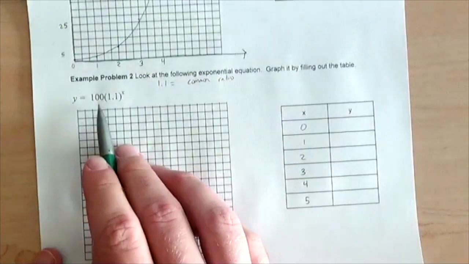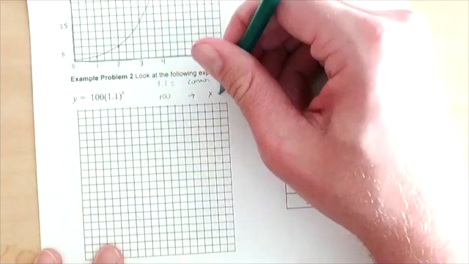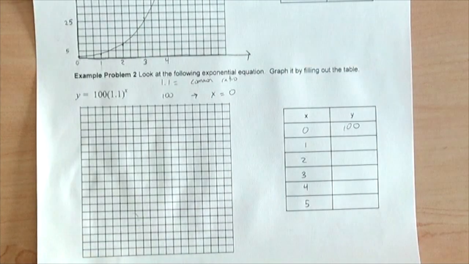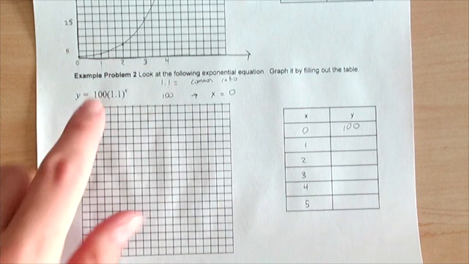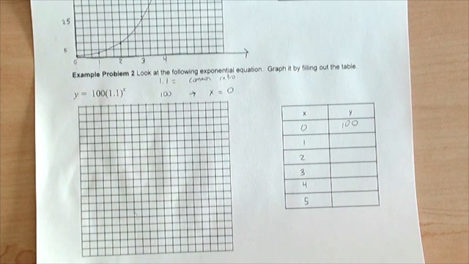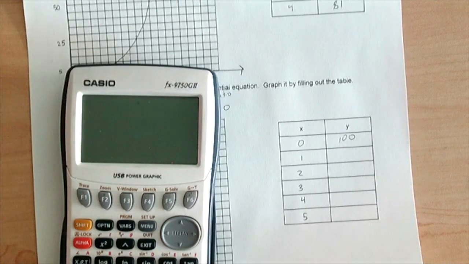And whatever is on the outside is the first number. So what we're trying to figure out here is what this is going to look like if this common ratio is 1.1. So first, let's just look at the number 100.